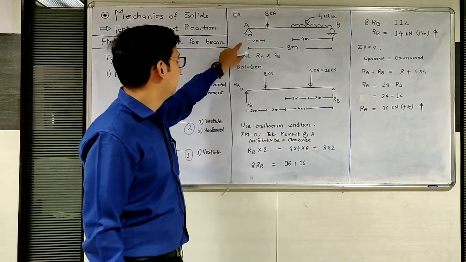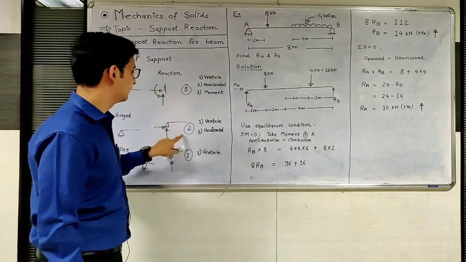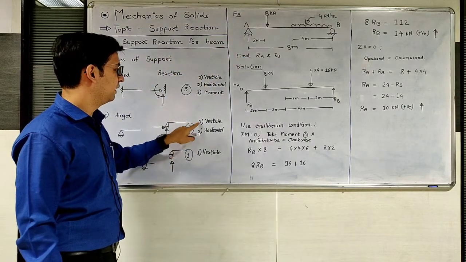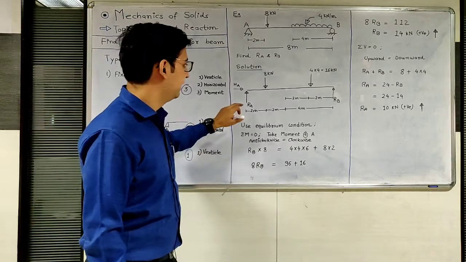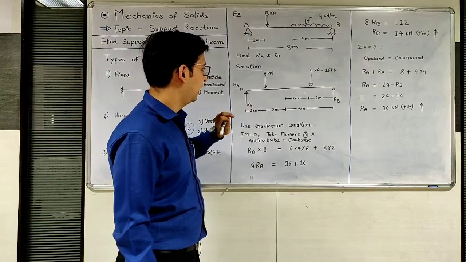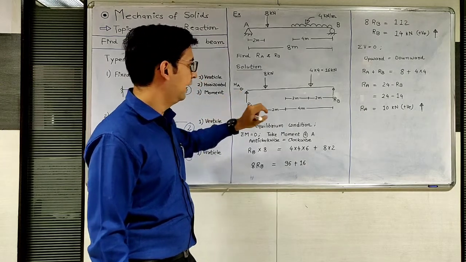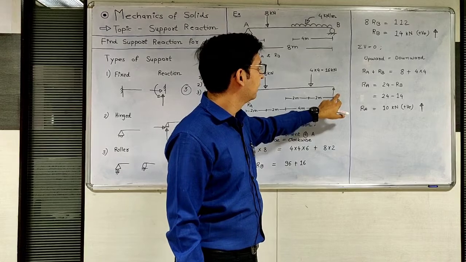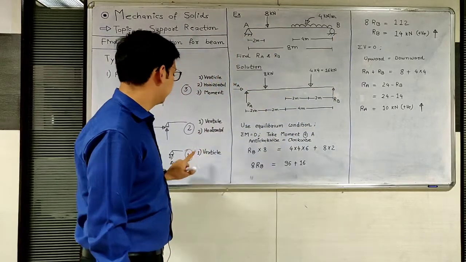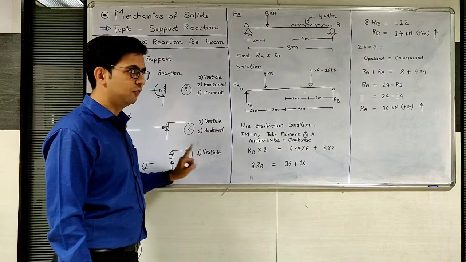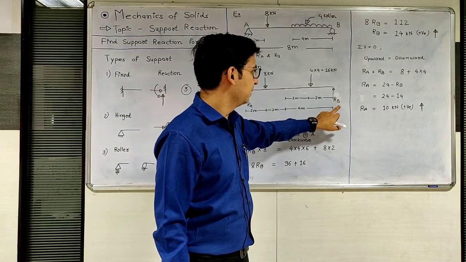Now here hinge support. Hinge support will generate two reactions. First one is vertical reaction, and second one is horizontal reaction. So vertical reaction will be denoted by RA, horizontal reaction will be denoted by HA, and at right hand roller support, roller support will only generate one reaction, which is vertical reaction, indicated by RB.